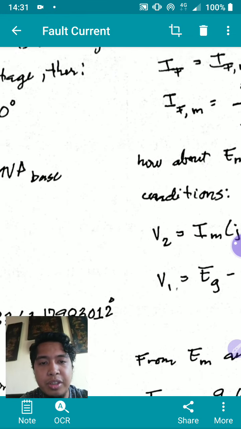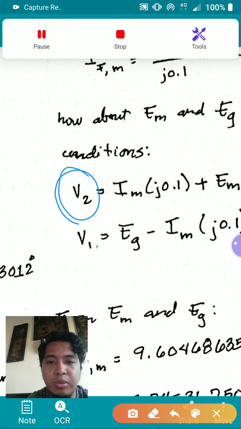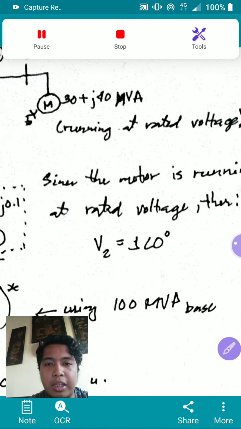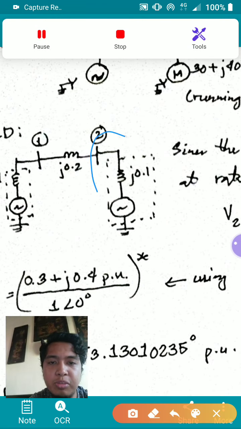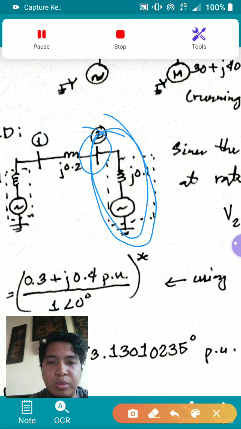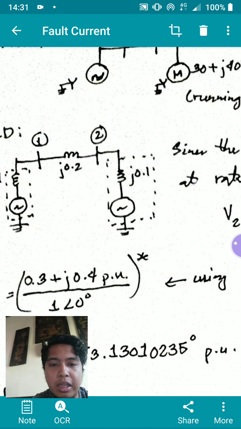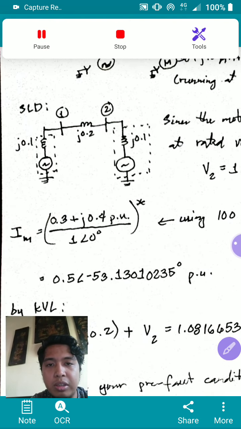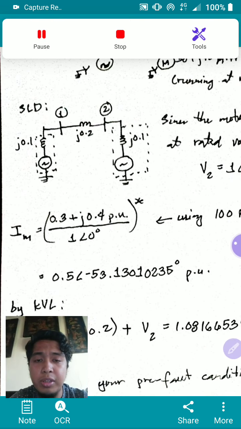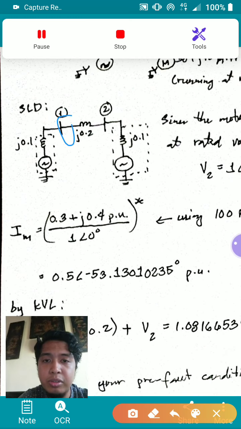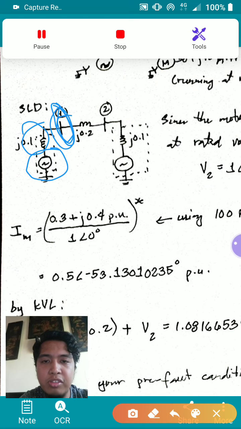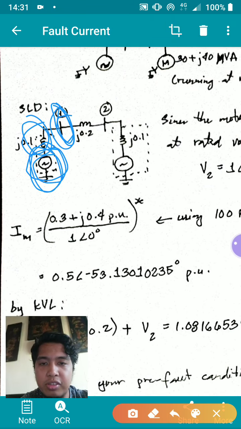Basically your V2 here, you know that V2 is 1 angle 0, and by KVL, you perform this KVL here, V2 minus this voltage drop gives you EM. And then on pre-fault condition, we already solved for V1, so we already know this voltage here. So this voltage plus this voltage drop is just this EG.